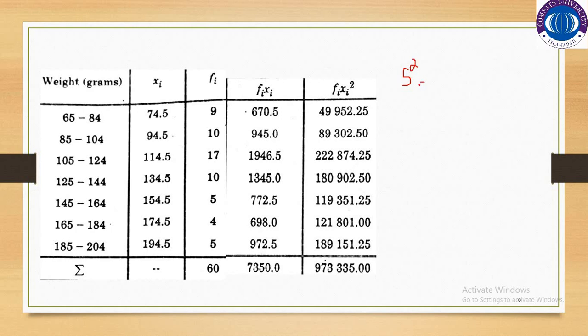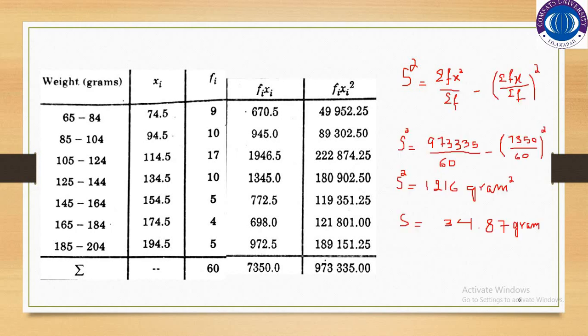is equal to, so this is the variance, 1216 gram square. We got this by substituting the values: summation f of x square, which is 973335, divided by 60, minus summation f of x, which is 7350, divided by summation f, which is 60.